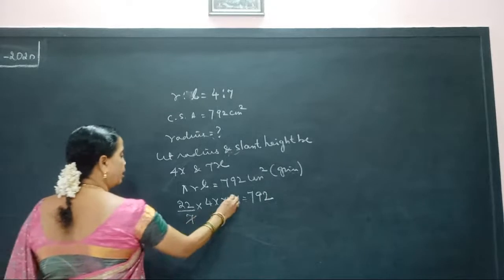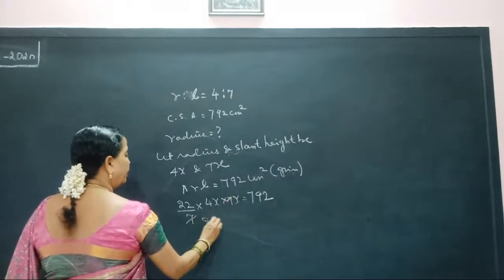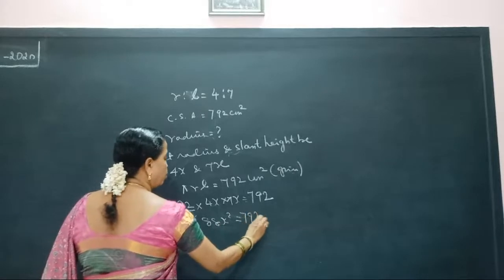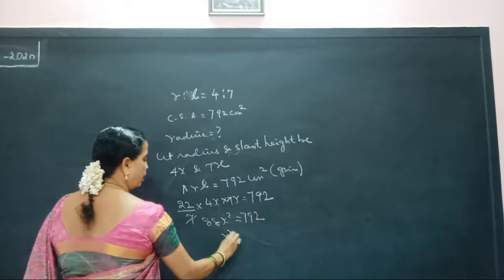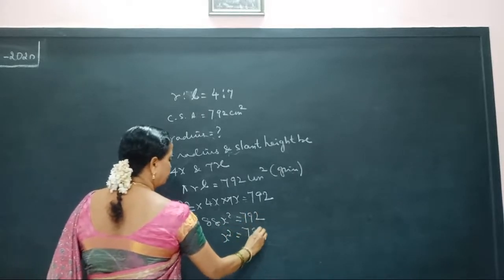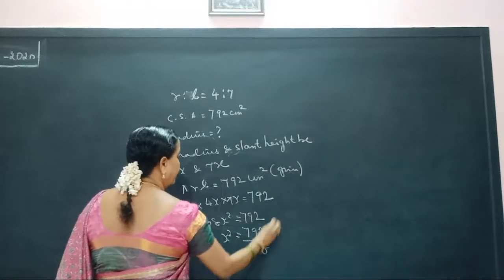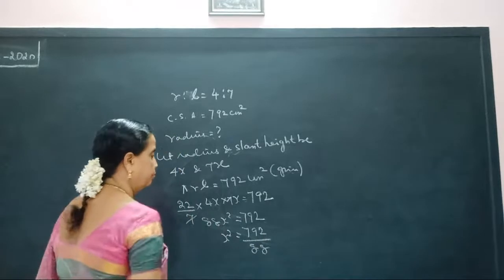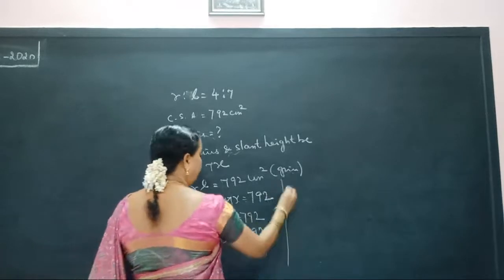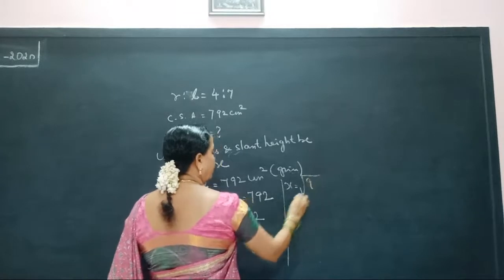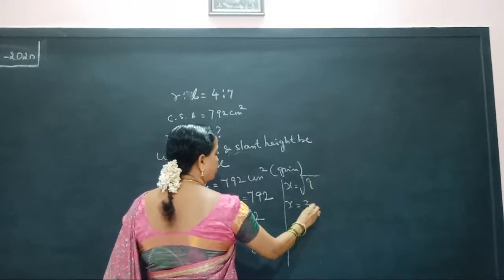Now cancelling this, what will you get? 88x square equals 792. x square equals 792 by 88, x equals root of 9, x equals 3.